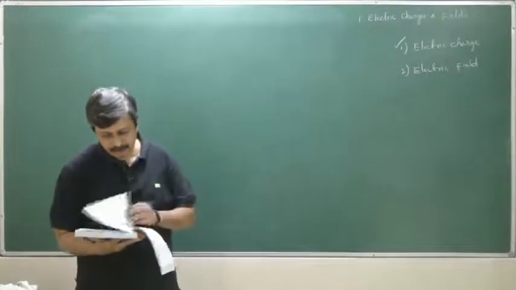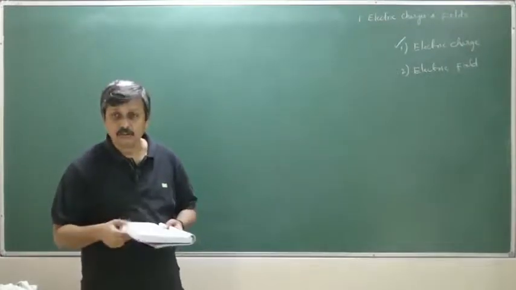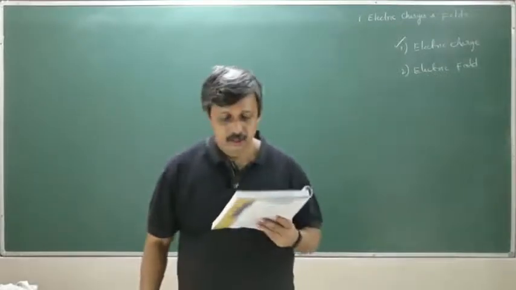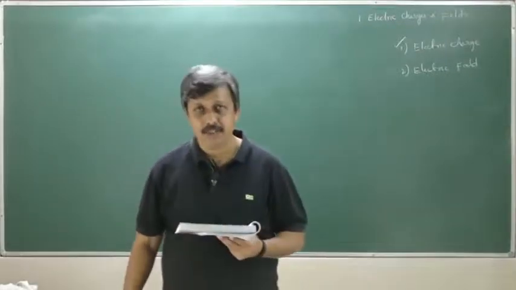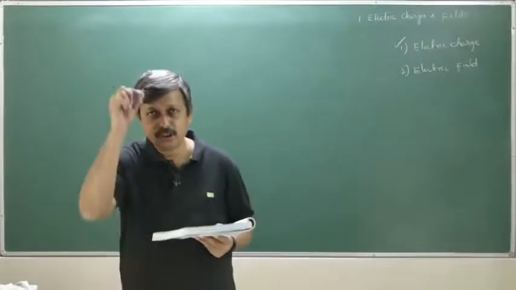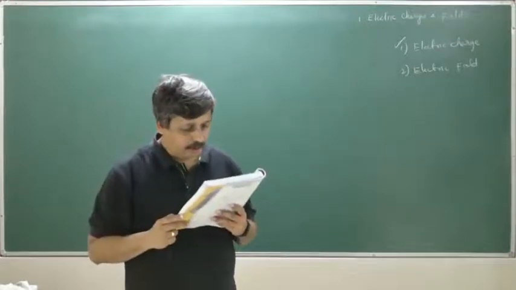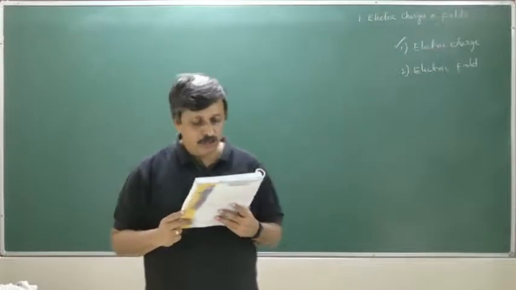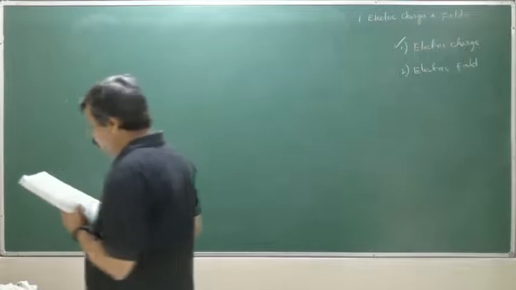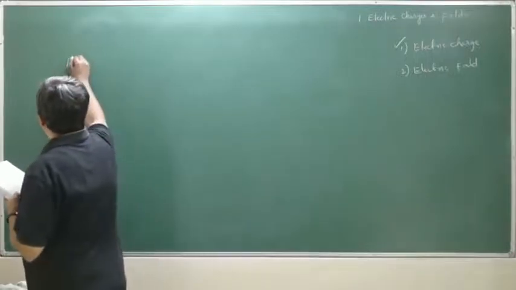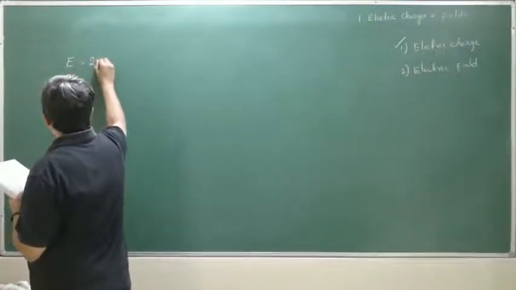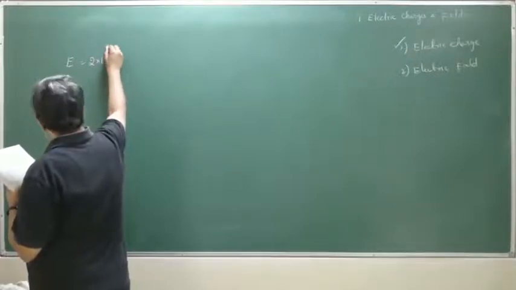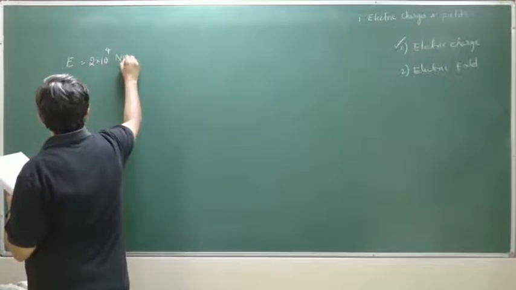An electron falls through a distance of 1.5 centimeter in a uniform electric field of magnitude 2 times 10 to the power of 4 newtons per coulomb.